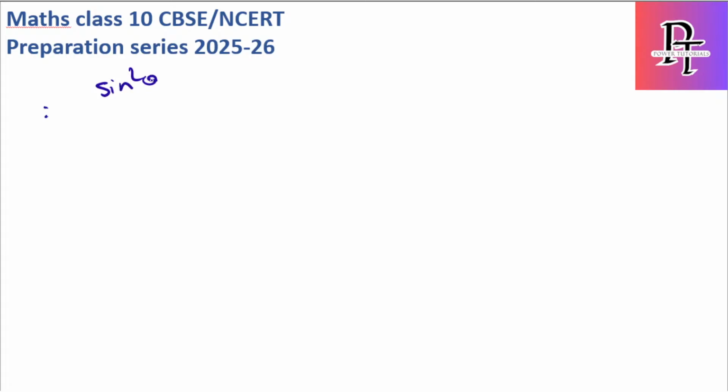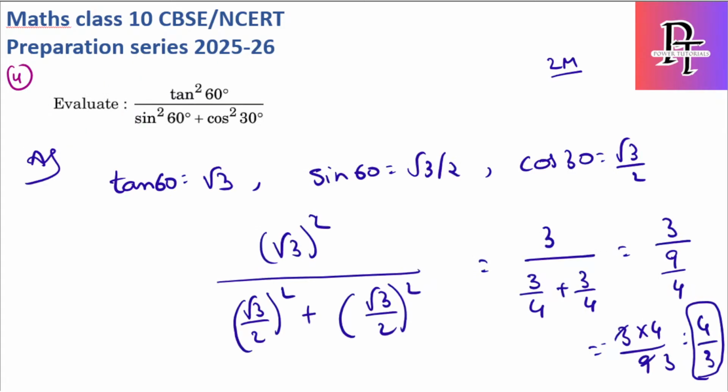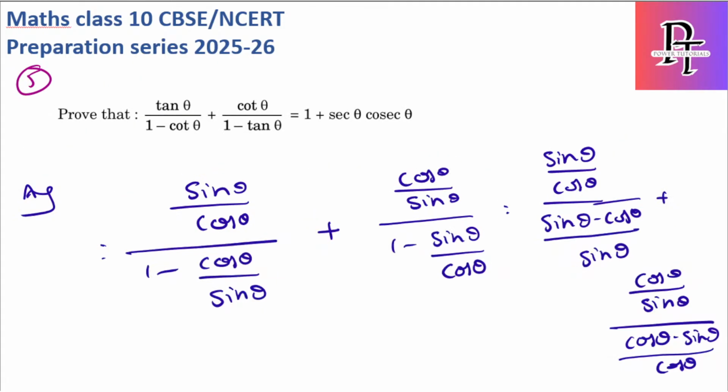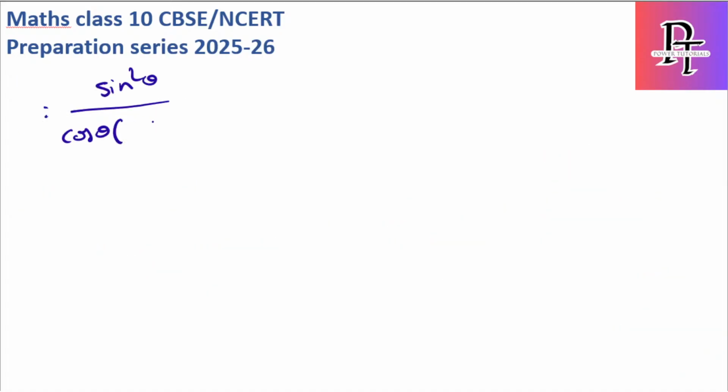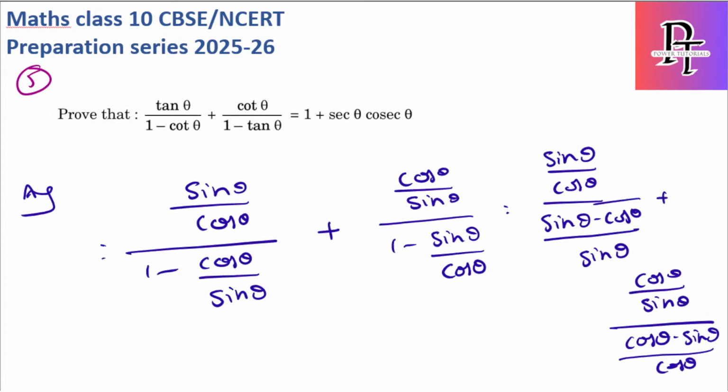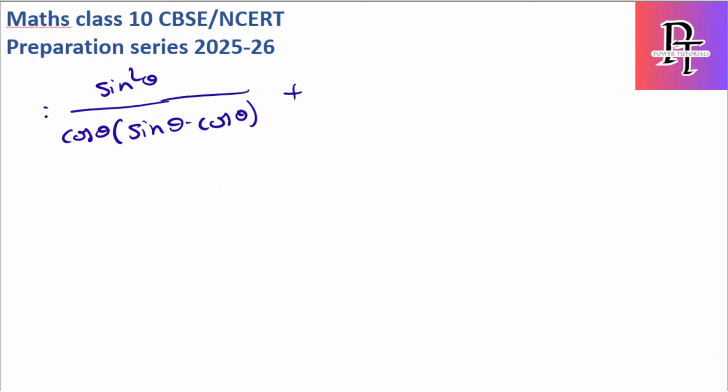sine square theta by cos theta into sine theta minus cos theta. Same way, the second part, cos square theta by sine theta, if I take common, it will become cos minus sine.